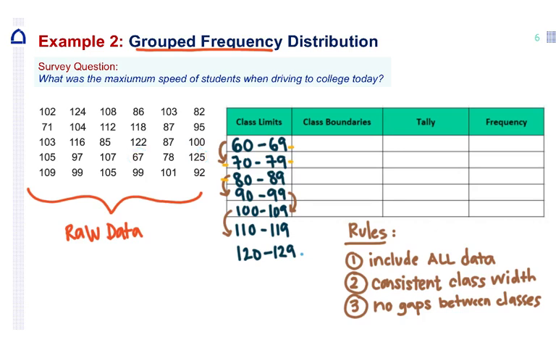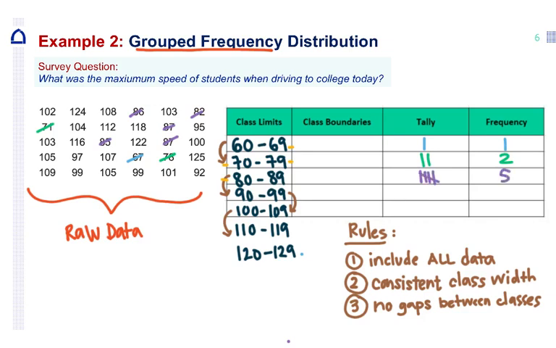So let's start with the 60s. There is only one item that is in the 60s, and that was 67. Let's move on to the 70s. I see 1, 2 in the 70s. Let's move on to the 80s. I see 5 that were in the 80s.